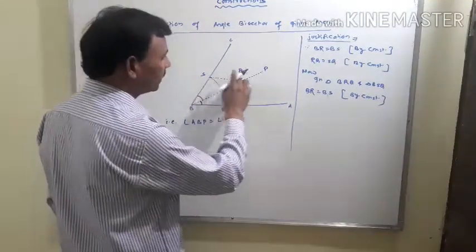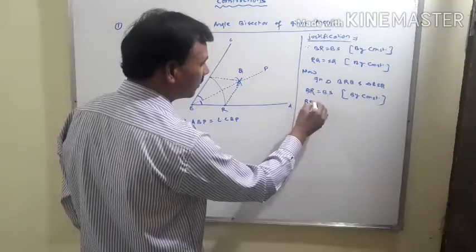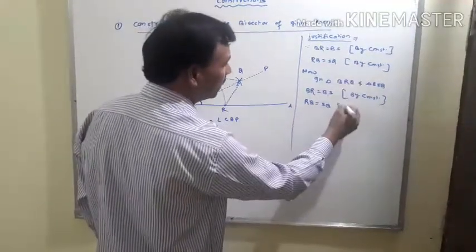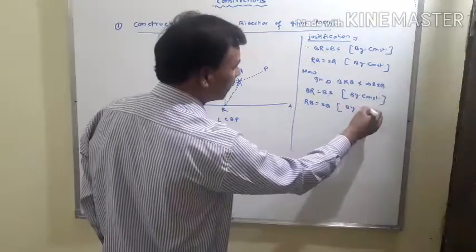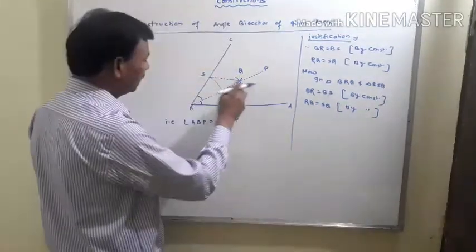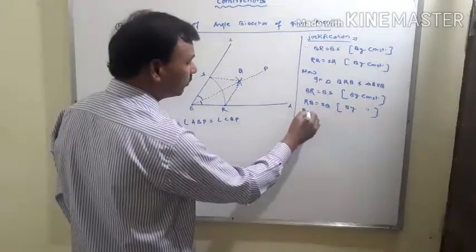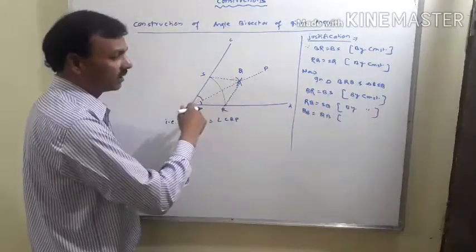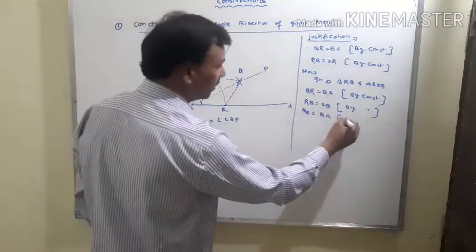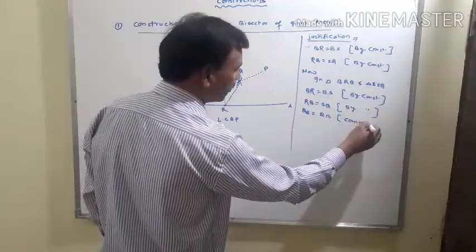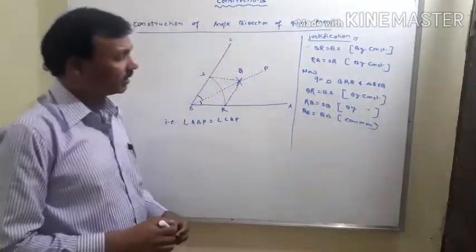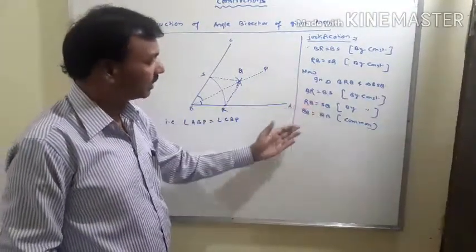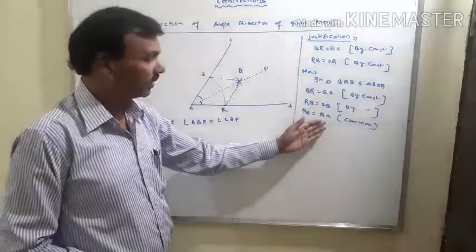RQ equals SQ, this is also discussed here by construction, and QB equals QB, this is common, you can see here. Now you can see simply BR equals BS, RQ equals SQ and QB equals QB, this is the common side.